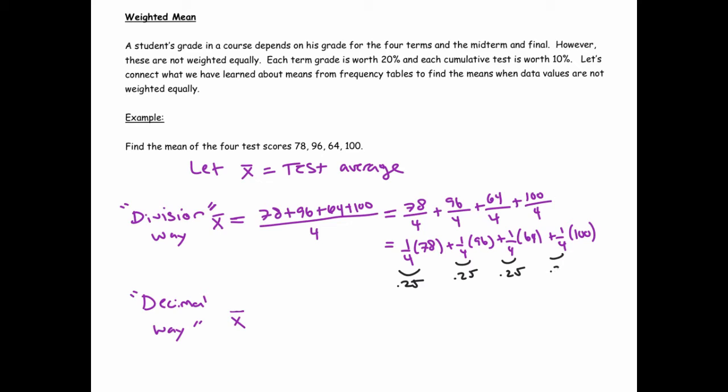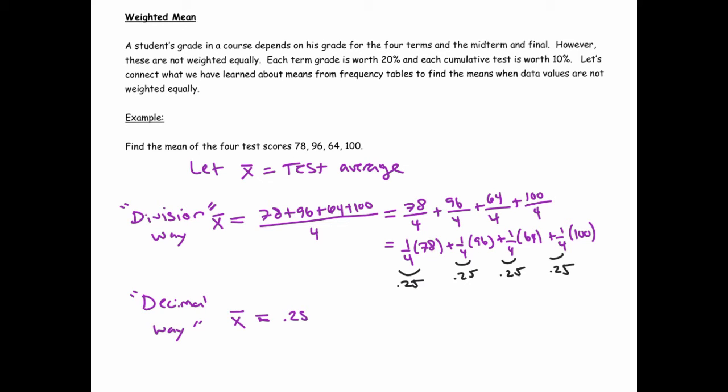So really, if all 4 tests are worth the same, as I mentioned they are, that just means they're each worth 25%. So rather than do it by the division way, it's better to think of it in this way.